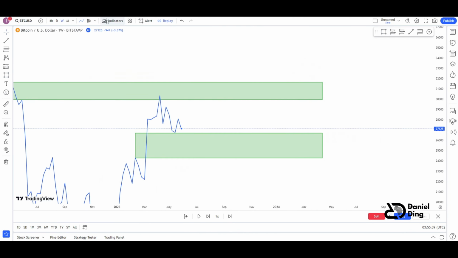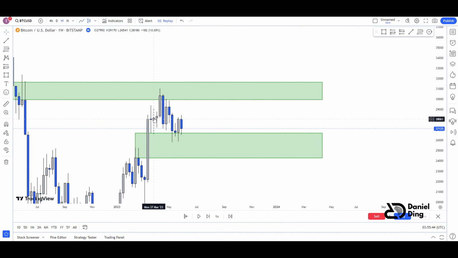Do you see that? We have a new base again. So now price is trapped in between the top base and the bottom base.